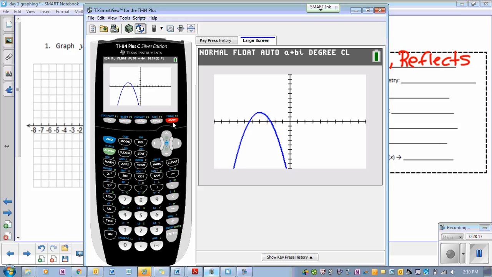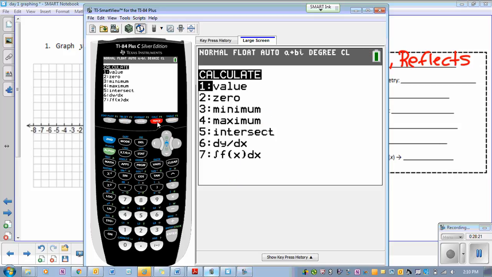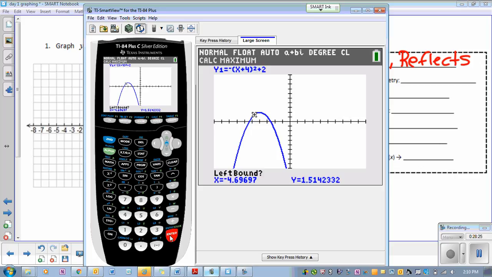Okay. Hit graph. You hit second trace, maximum. Remember how I had you guys standing? This is silly. This maximum, that's your starting point. Your calculator's saying hit left. So left. 1, 2, 3, 4. 3 or 4, doesn't matter. Hit enter. Go back to your starting point.